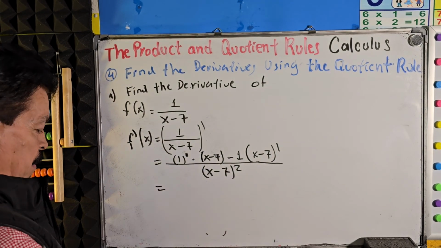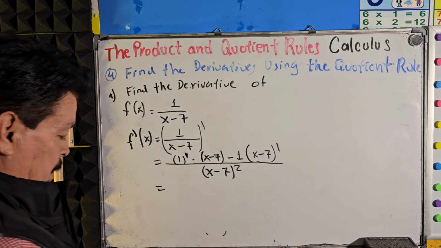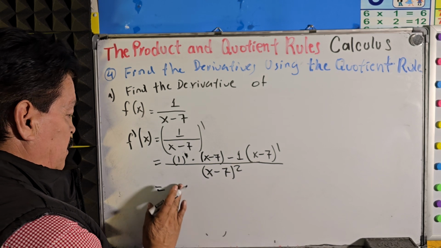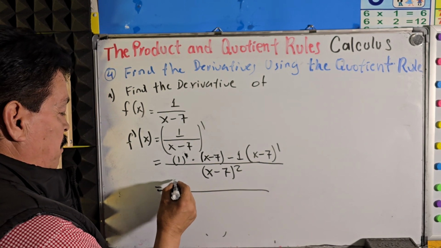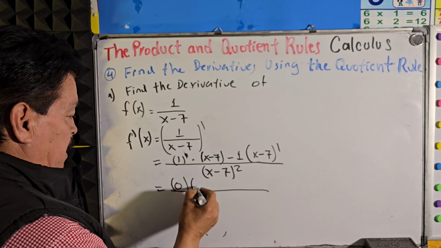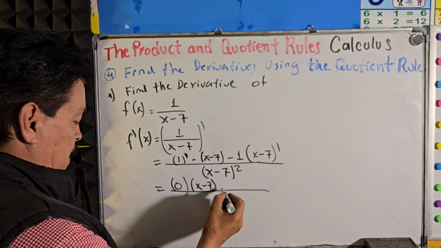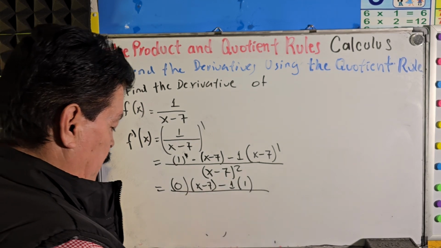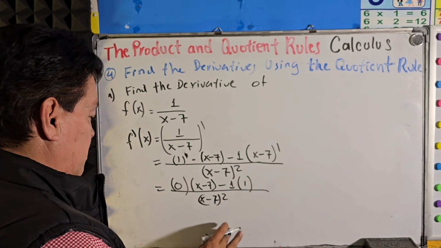Now, next step, this will equal 0 right here. Let me simplify. 0 times x minus 7, minus 1 times 1, divided by x minus 7 to the second power.